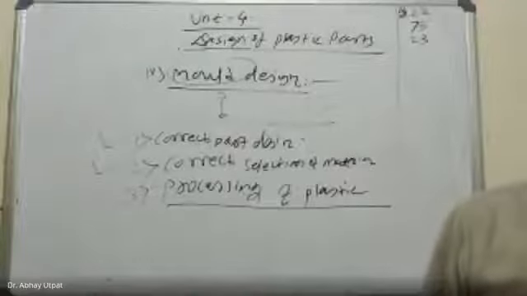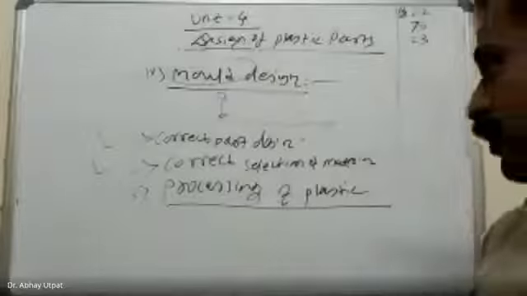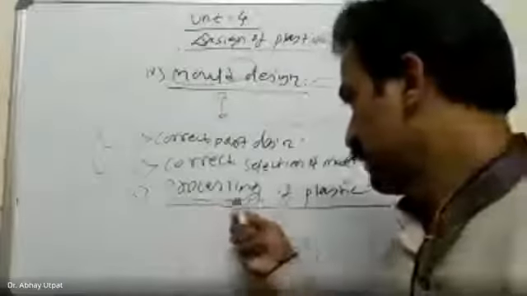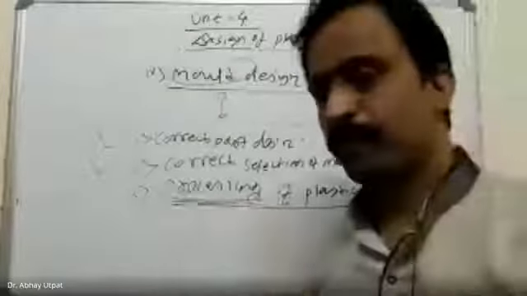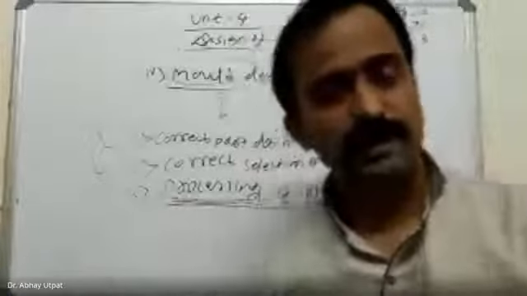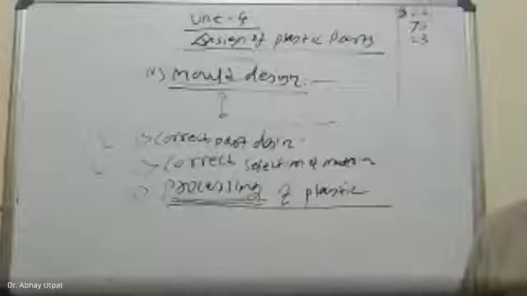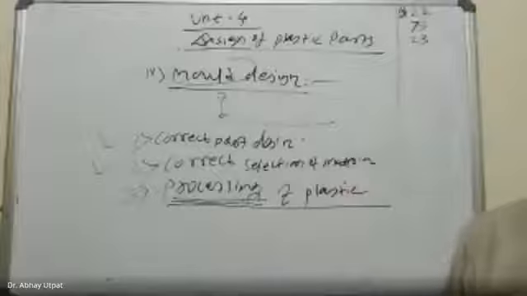If you do not process it correctly, you will not get a good quality part, because there are 4 to 5 methods of plastic molding processes, starting from injection molding, then blow molding, extrusion molding, rotational molding, compression molding, and transfer molding.